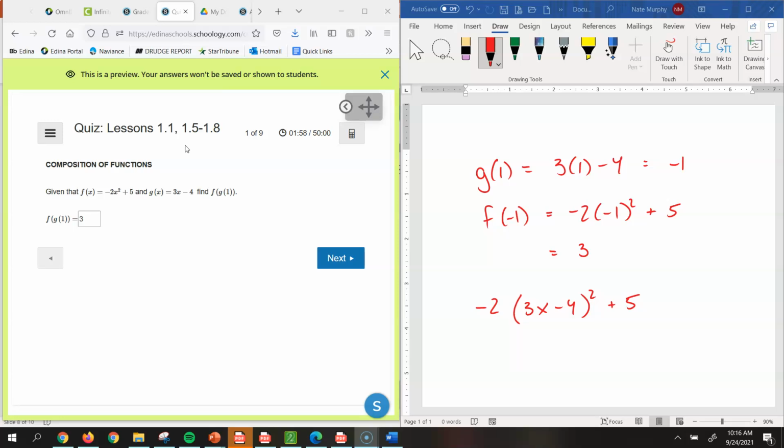If I put 1 in here for x, 3 times 1 is 3, 3 minus 4 is negative 1, negative 1 squared is 1. So all of this would be 1, and negative 2 times 1 would be negative 2, negative 2 plus 5 would be 3. So if you wanted to do it that way, where you put 1 in for x, you get the same answer.